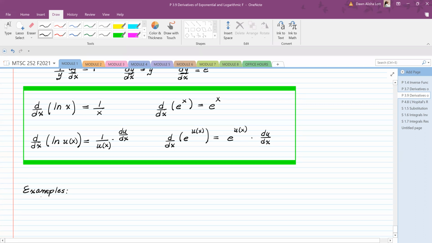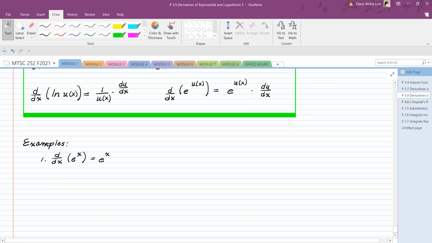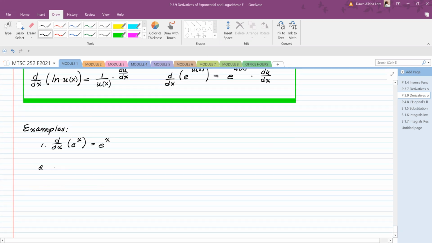Okay. One, derivative with respect to x of e to the x is e to the x. Number two, the derivative with respect to x of e to the 2x.